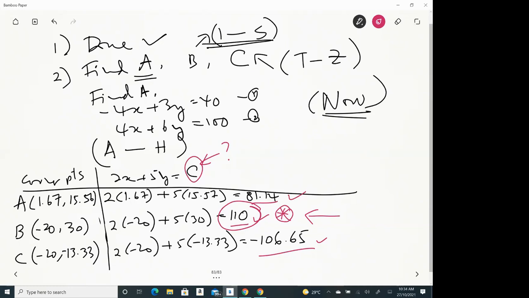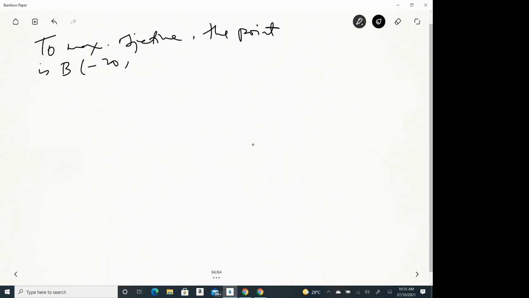So our conclusion is, to maximize the objective, the point is B, which is negative 20, 30.